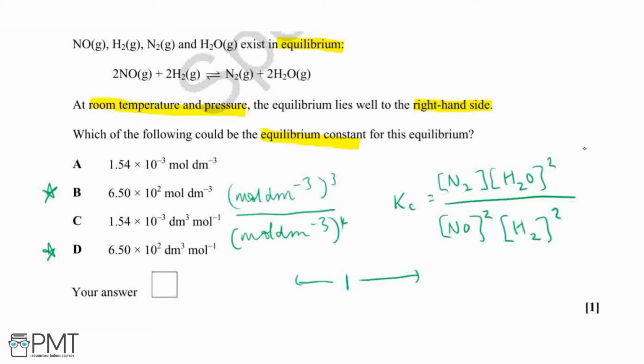So overall, we can cancel out the top and we can cancel out 3 from the bottom, which just gives us a moles per decimeter cubed on the bottom. So when we bring that up to the top, you change the signs. So our units are going to be mole to the power of -1, because we flipped it from 1 to -1, and then decimeters cubed. And this matches up with D. So our answer is going to be D.